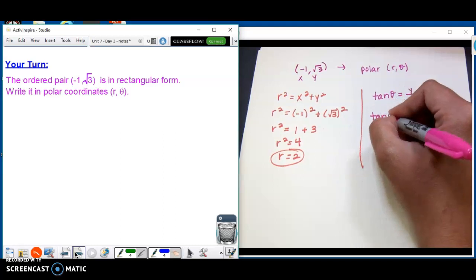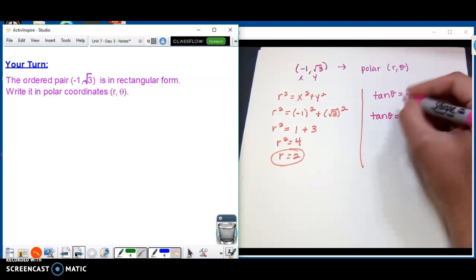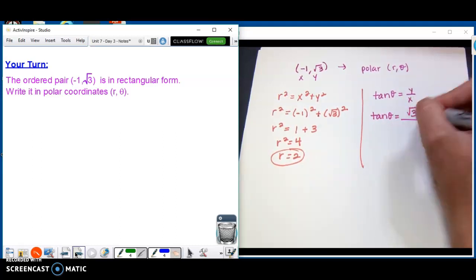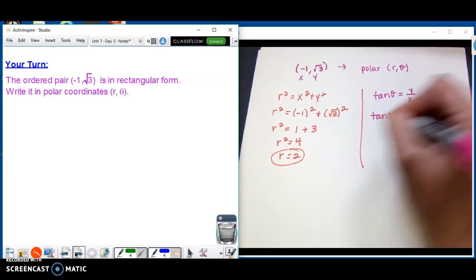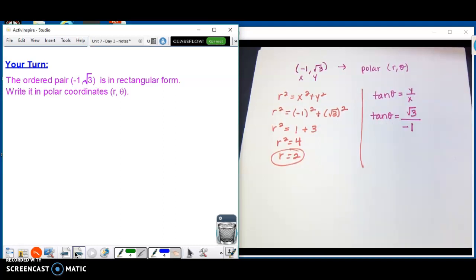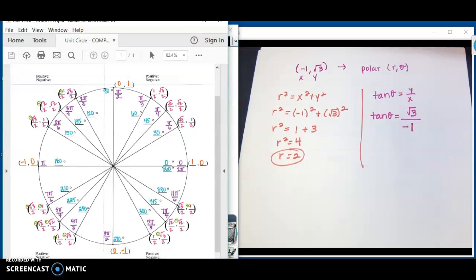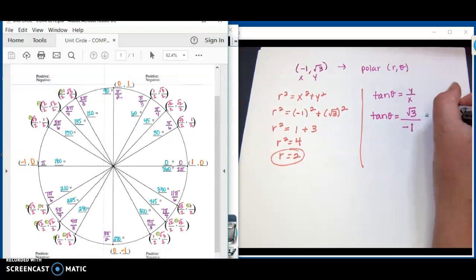So tangent theta equals y, which is positive square root of 3, over x, which is -1. Remember, that negative has to stay with the x value. So that will appear on our unit circle. If we look at our unit circle, remember this will appear when we have the square root of 3 over 2 on top, and then -1/2 on the bottom.